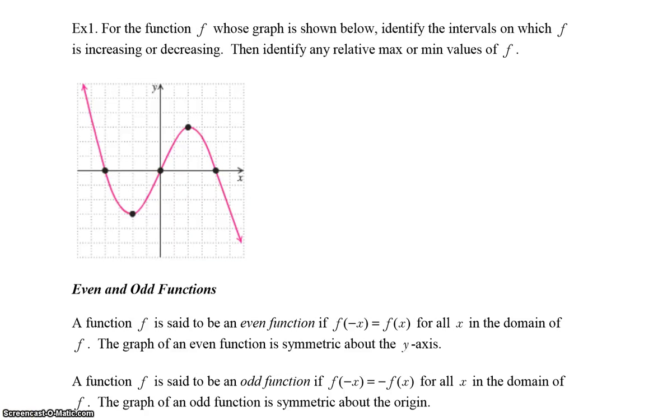All of these definitions can be more easily understood by looking at a specific example. So let's just look at example 1. For the function f, whose graph is shown below, identify the intervals on which f is increasing or decreasing. Then identify any relative max or min values of f.